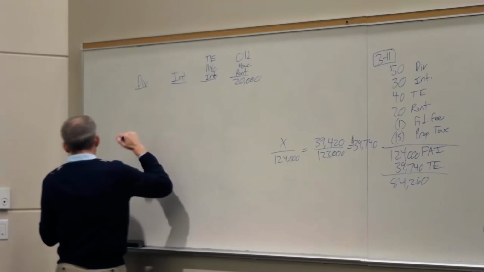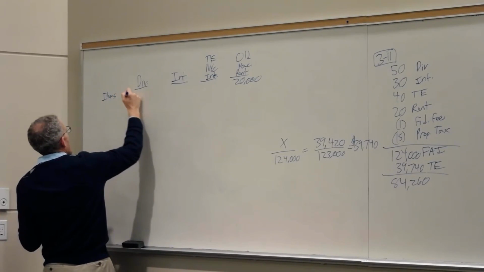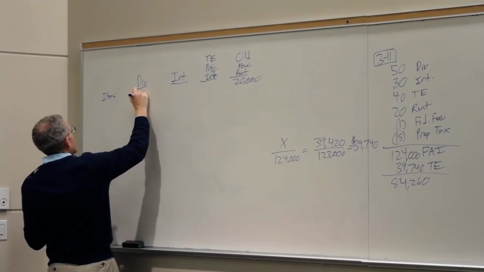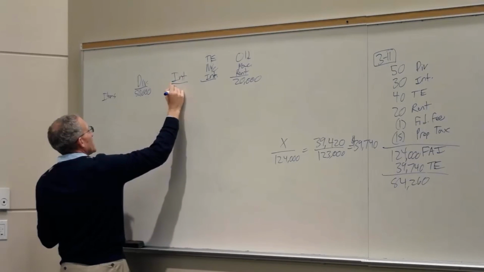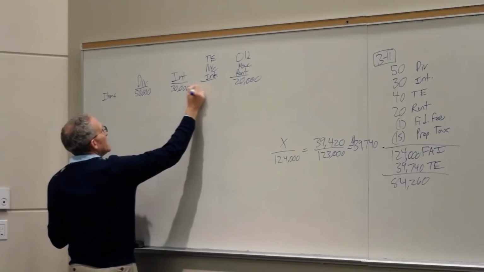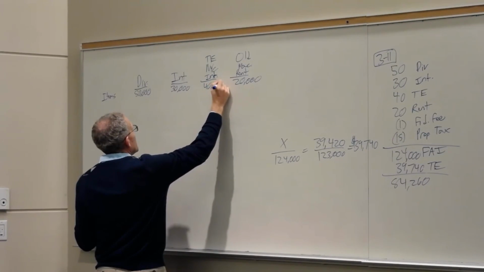And so these are items of income: we have 50,000 of dividends, principal interest of 30,000, New York City interest of 40,000, right?